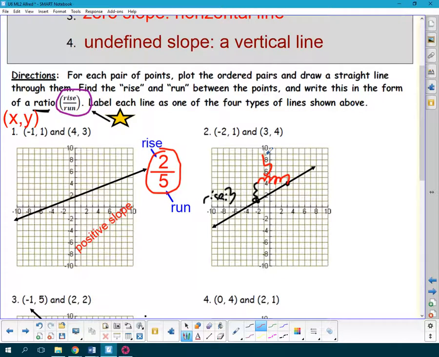It runs over 5. So you could say the slope of this line is 3 over 5. The rise over the run. That represents the slope of that line, 3 over 5. Okay, that's a positive slope.